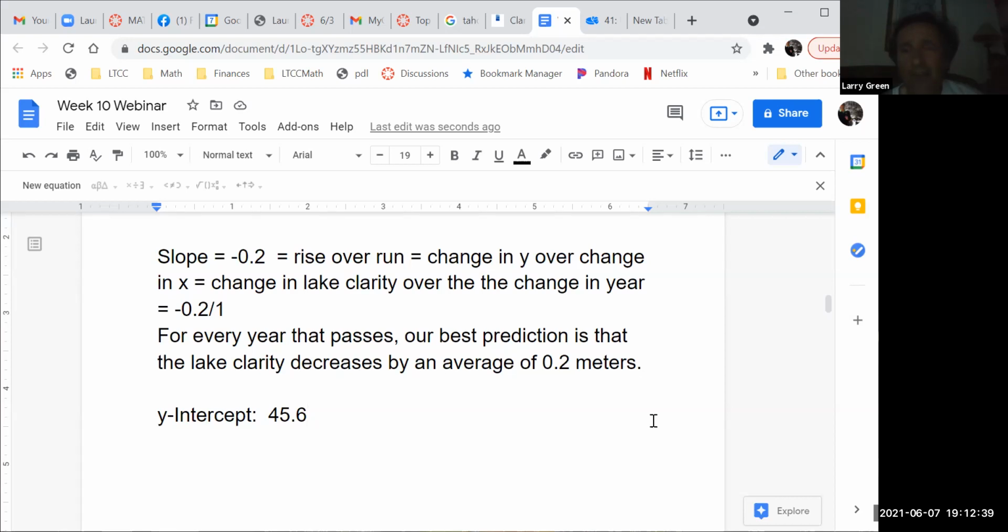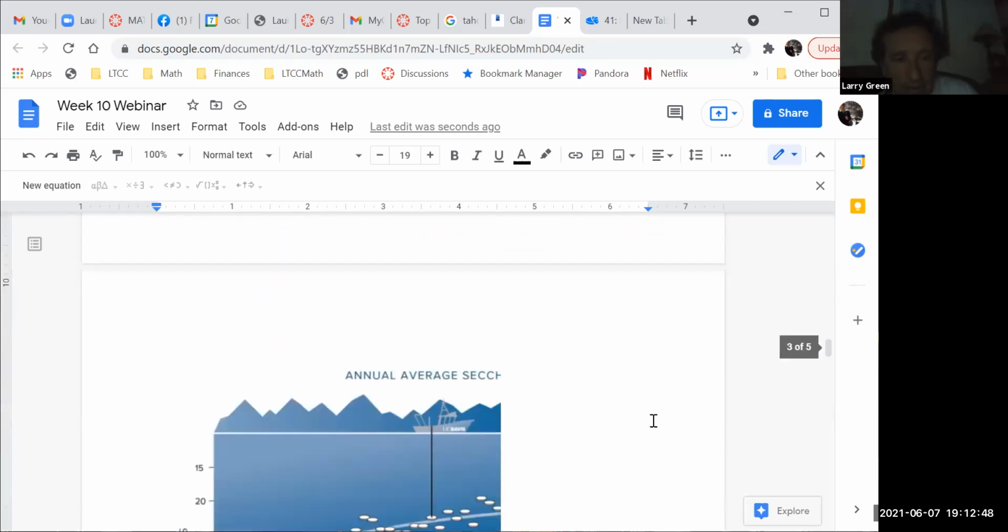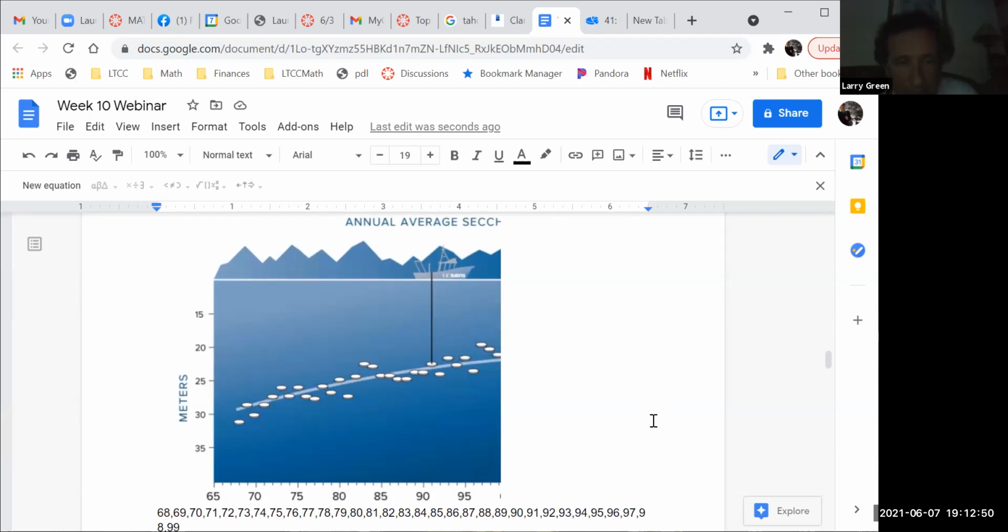Well, one thing is when x is 0, that's the year 1900. And if we look at the picture, then the year 1900 is nowhere near any of the data values, right? It wouldn't even be on my computer screen.